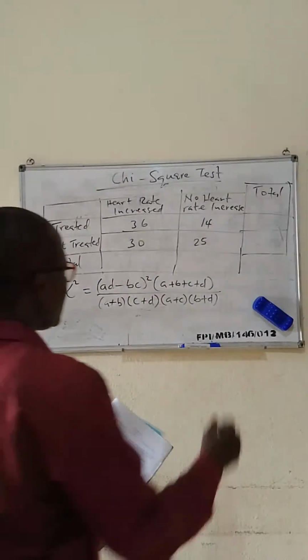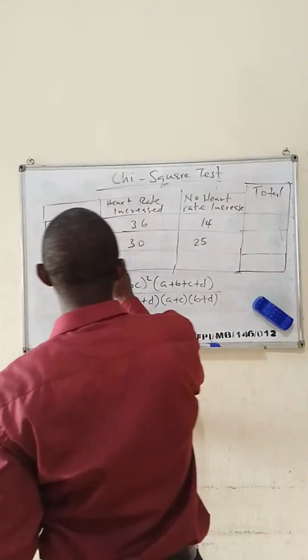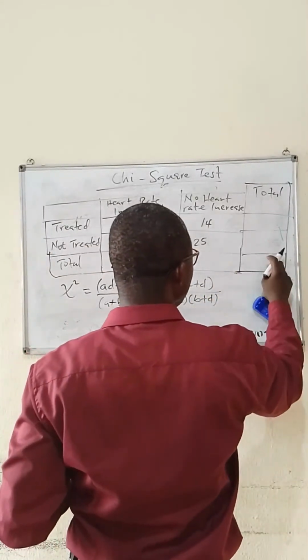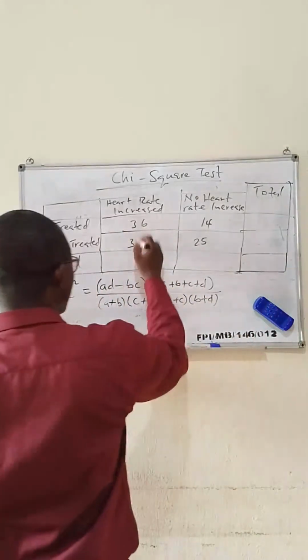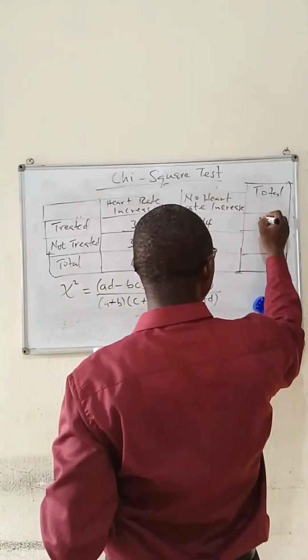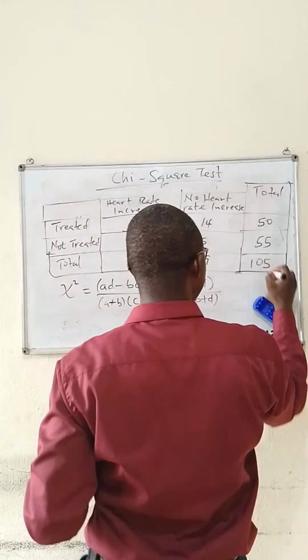To proceed, what we first do is the summation, the total for rows and columns. So we sum this: we have 66, we have 39 here, we have 50 here, we have 55 here, and the total summation is 105.